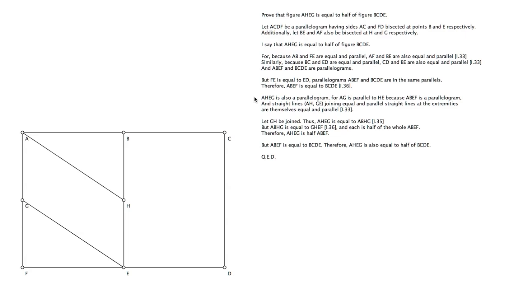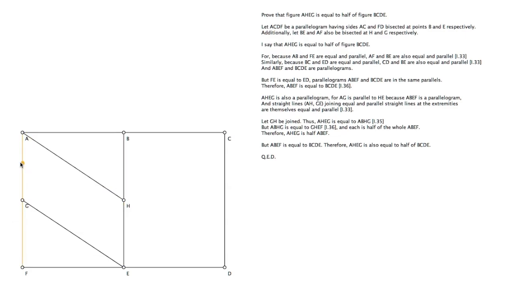So AHEG is a parallelogram for AG is parallel to HE, and we know this again from a previous step, right? We know that these two lines are parallel. So AG is parallel to HE, and they are equal in length. Why? Because each one of these, G and H, are both bisections of equal lines.